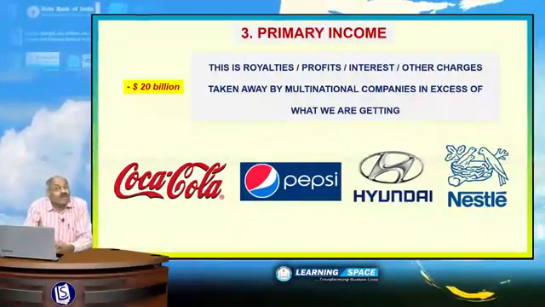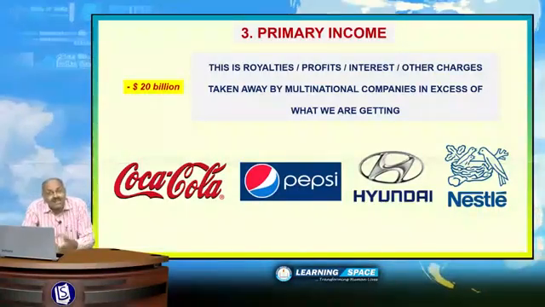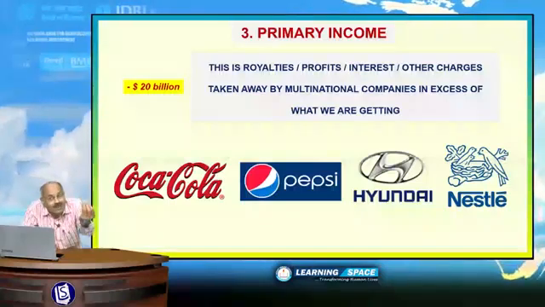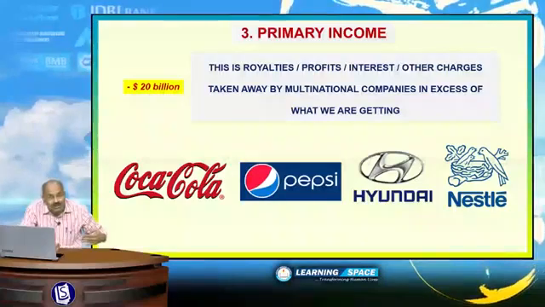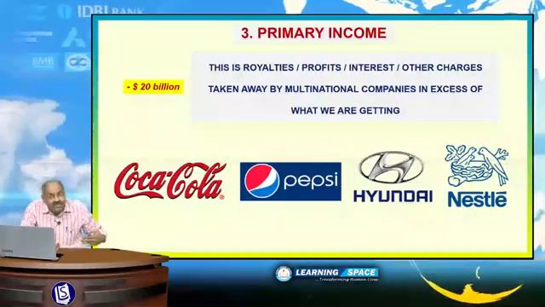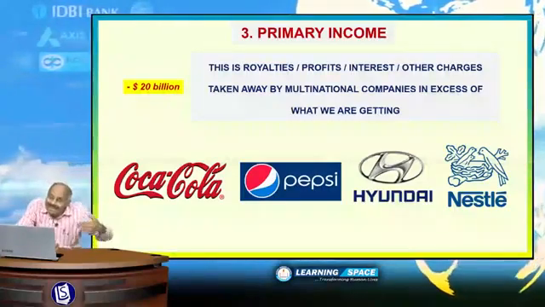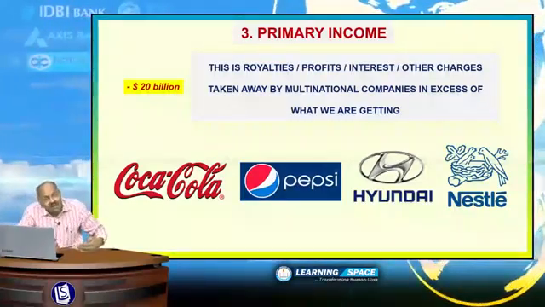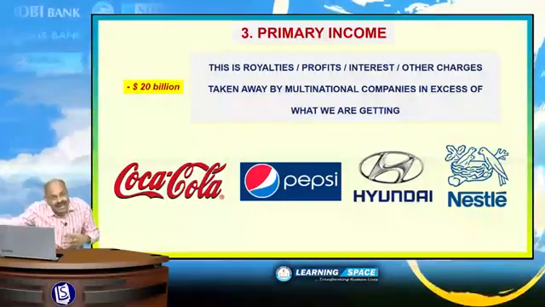Like that, the primary income is royalties, profits, other charges taken away by multinational companies. Here we are minus $20 billion. Why are we minus? Because the multinational companies of other countries are more in India than the multinational companies established by our country on foreign land.